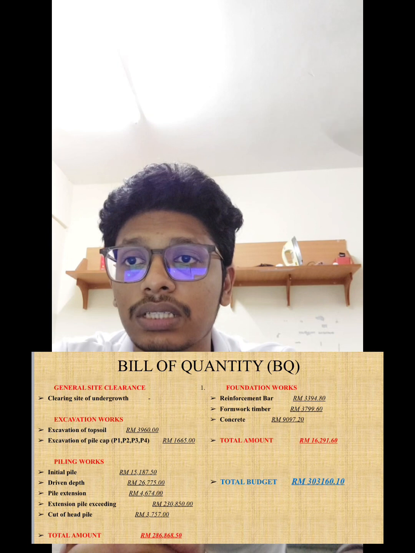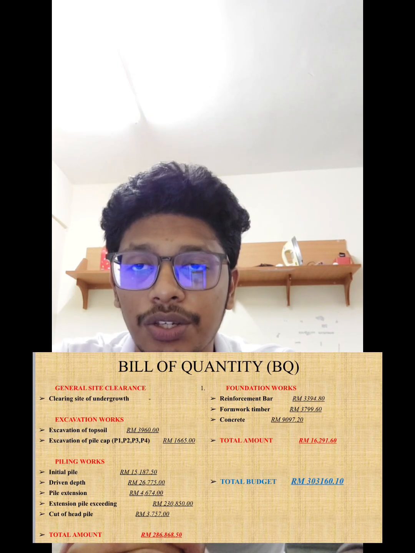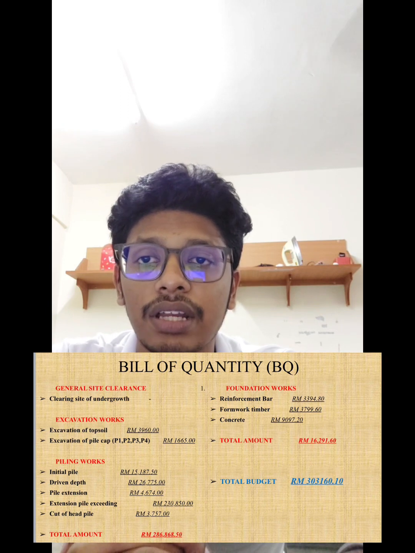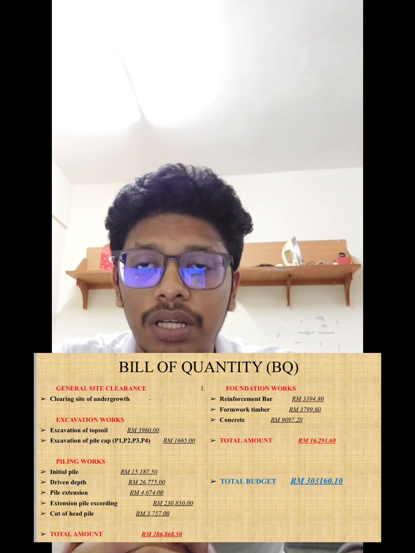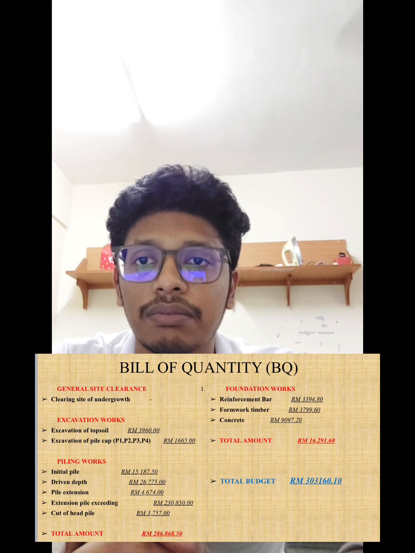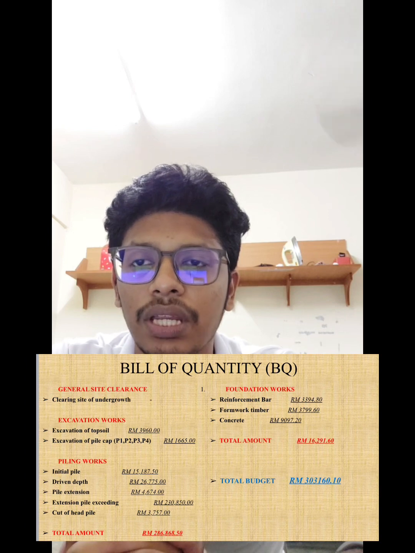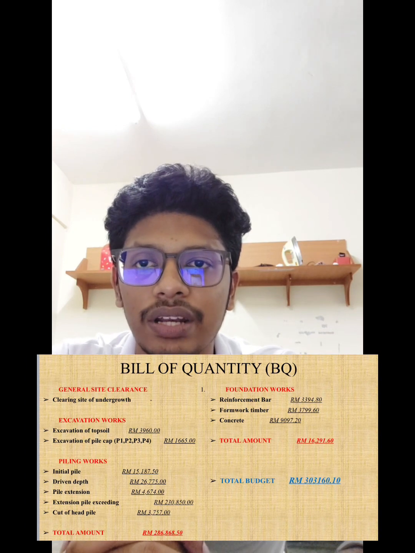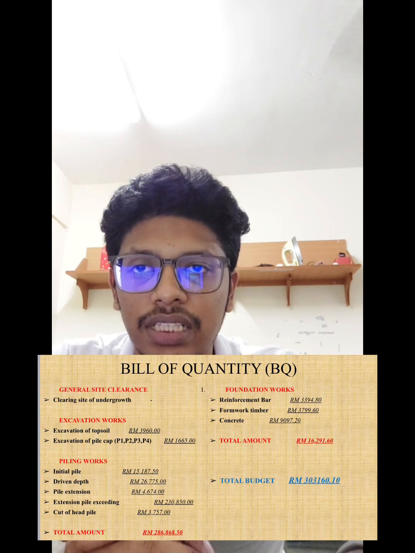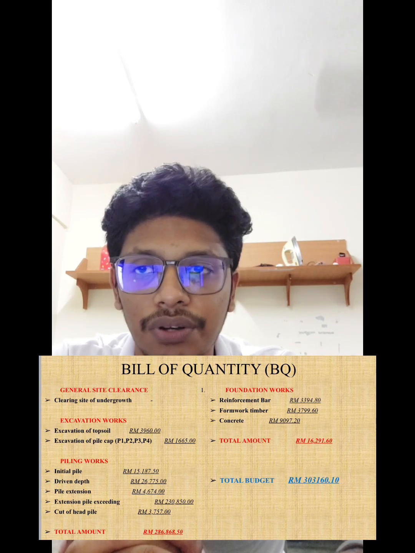For piling works driven depth, it has 2,250 meter cube with the rate of 11 ringgit and 90 cents per meter cube, and the amount is 26,775 ringgit. For piling works pile extension, it has 228 meter cube with the rate of 20 ringgit and 50 cents per meter cube, and the amount is 4,674 ringgit.